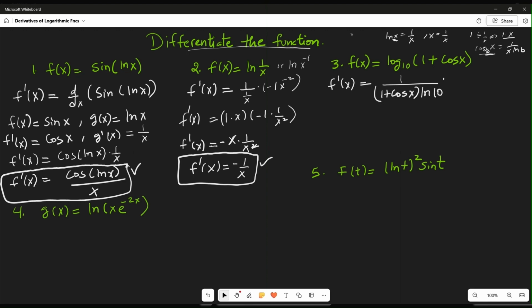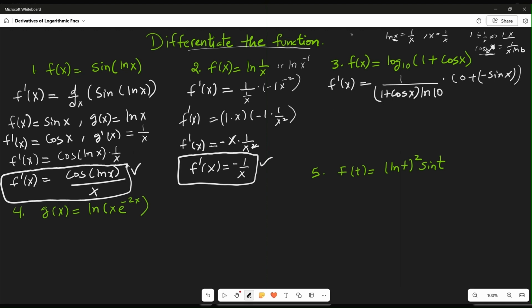Time multiply. Because x is the original formula, right? In this case, x is equal to 1 plus cosine x. So the derivative of 1 is 0, plus the derivative of cosine x, which is negative sine x, times the inner function derivative.